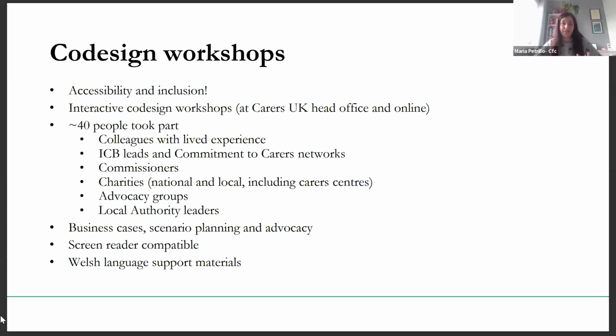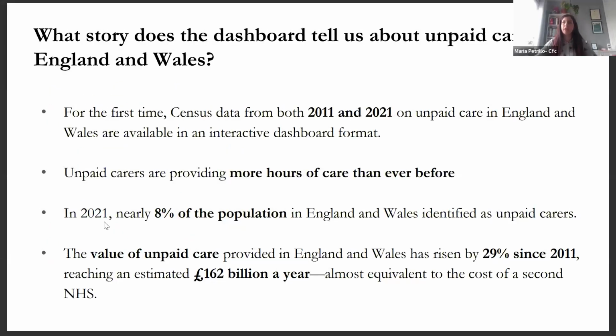We tested the early version of the dashboard and we then iterated the dashboard to incorporate this feedback. That process has helped to shape a tool that is usable for advocacy, commissioning, scenario planning, grant application, and it's worth mentioning that this is also screen reader compatible and is also supported by material provided in Welsh. This is to secure accessibility and inclusion.